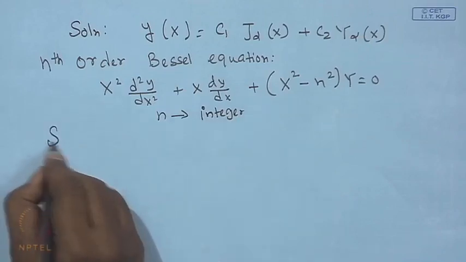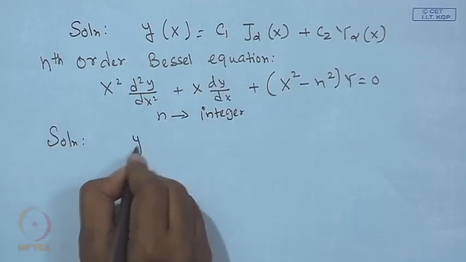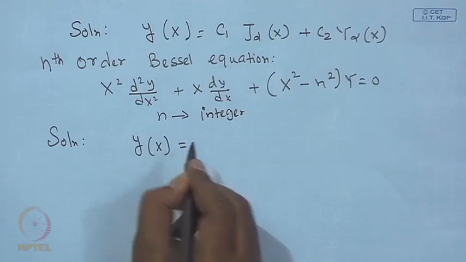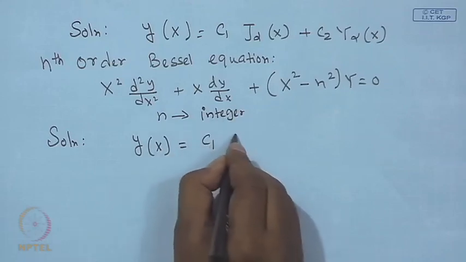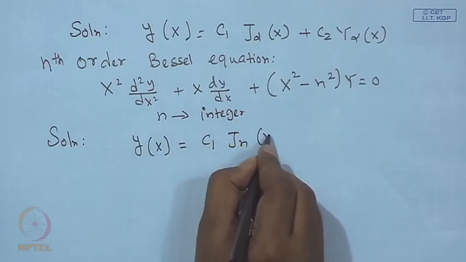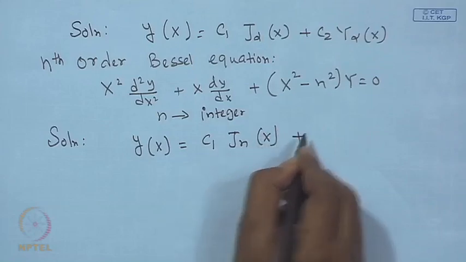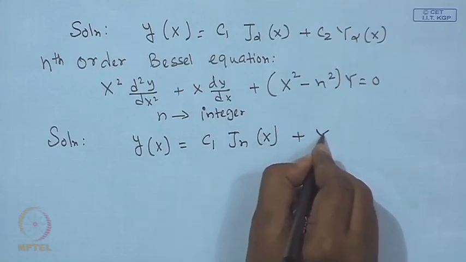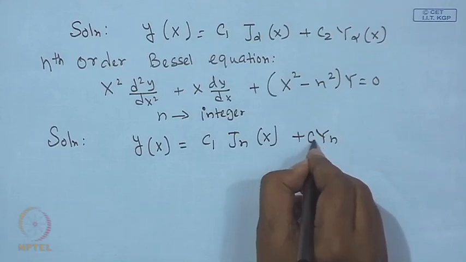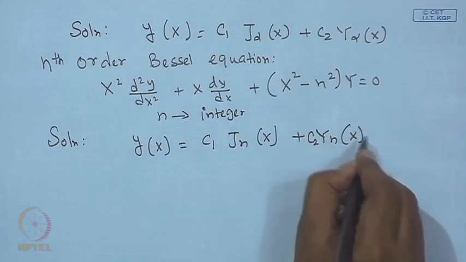Again, the solution is composed of j n and y n. So, C 1 j n x plus C 2 y n x.